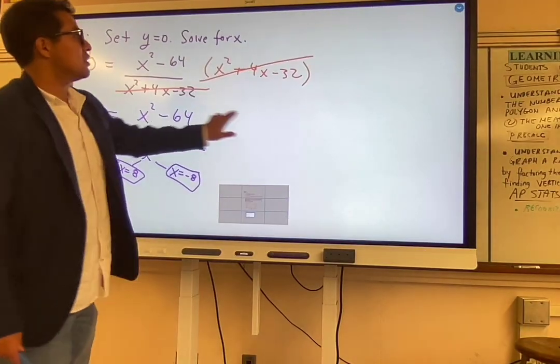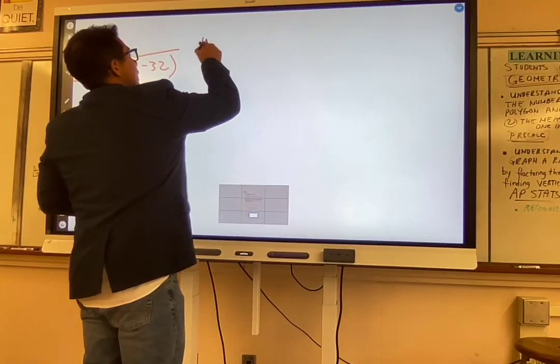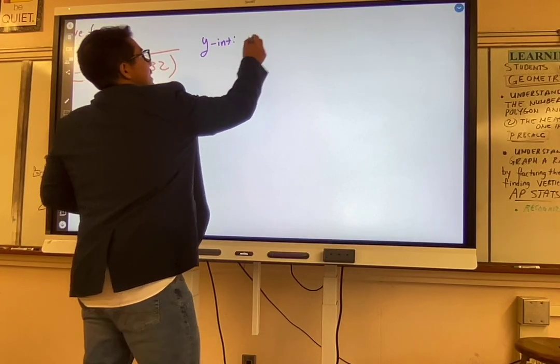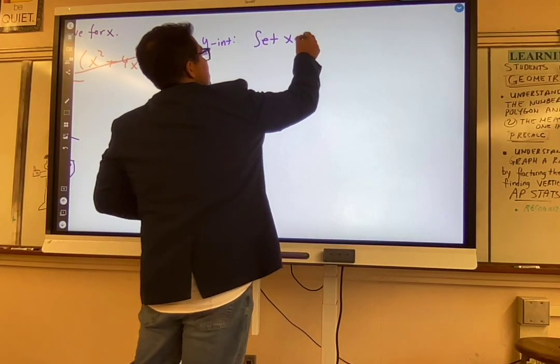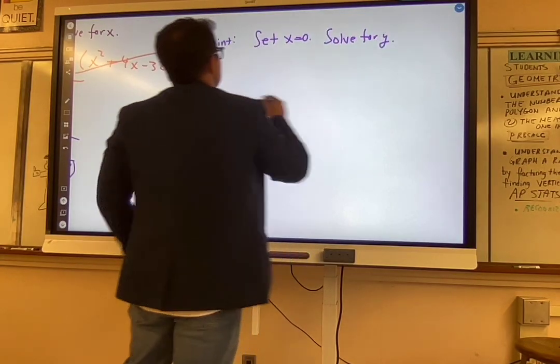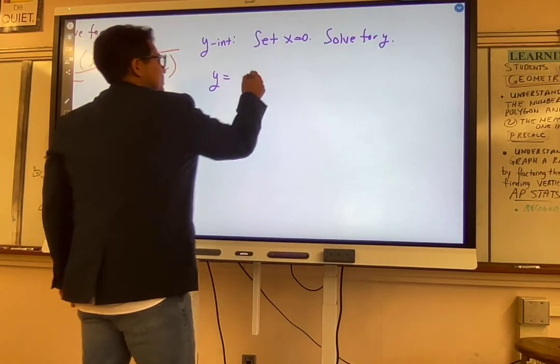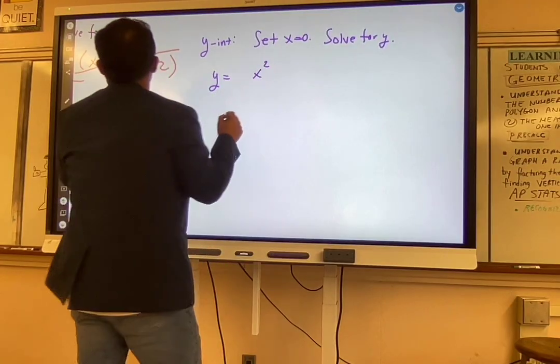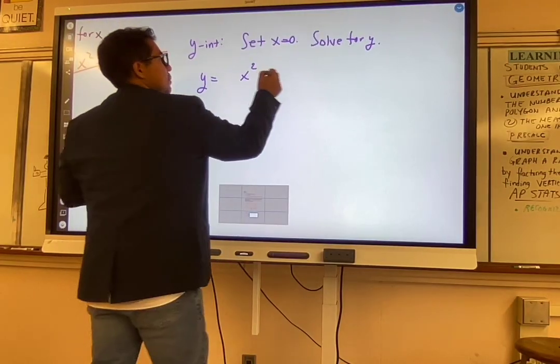Let's move on to the y-intercepts. When I'm solving for a y-intercept, the idea is now I'm going to set x equal to 0, and I'm going to solve for y. Let's show that work. Y equals, I think on the top, was it x squared minus 64?